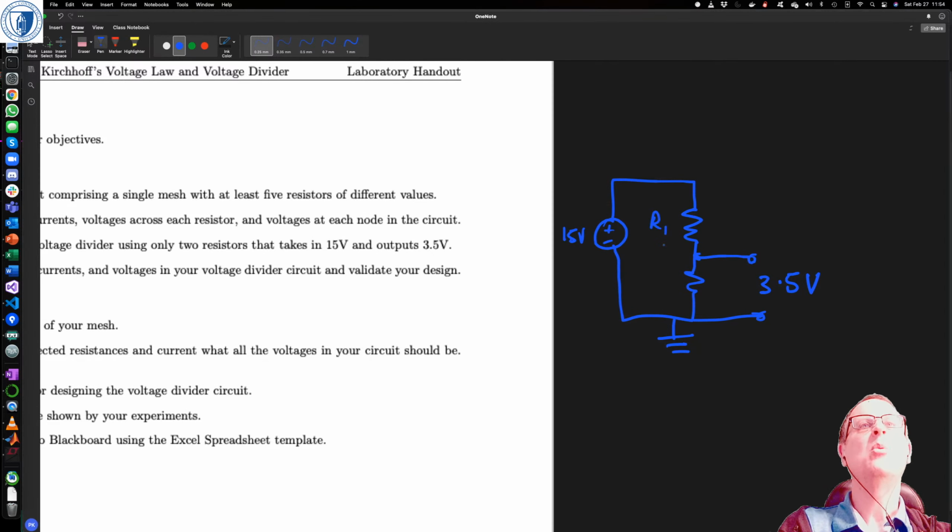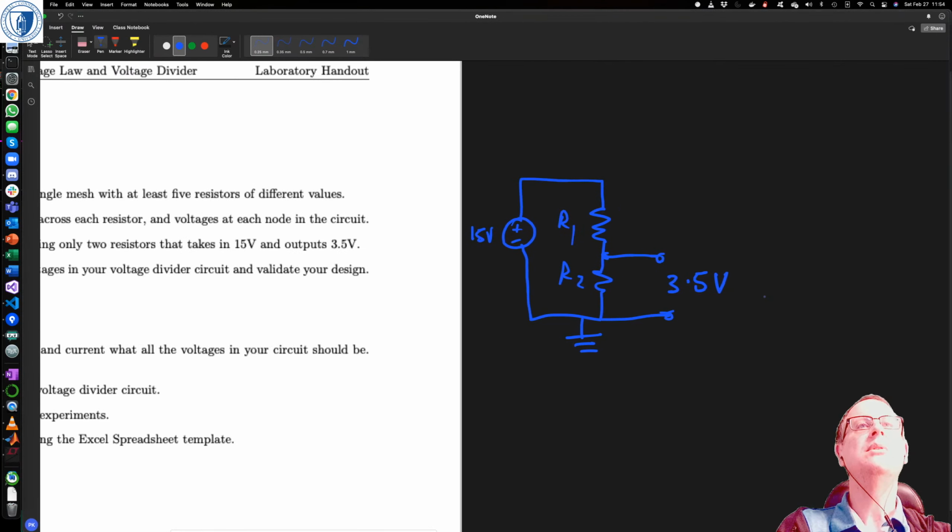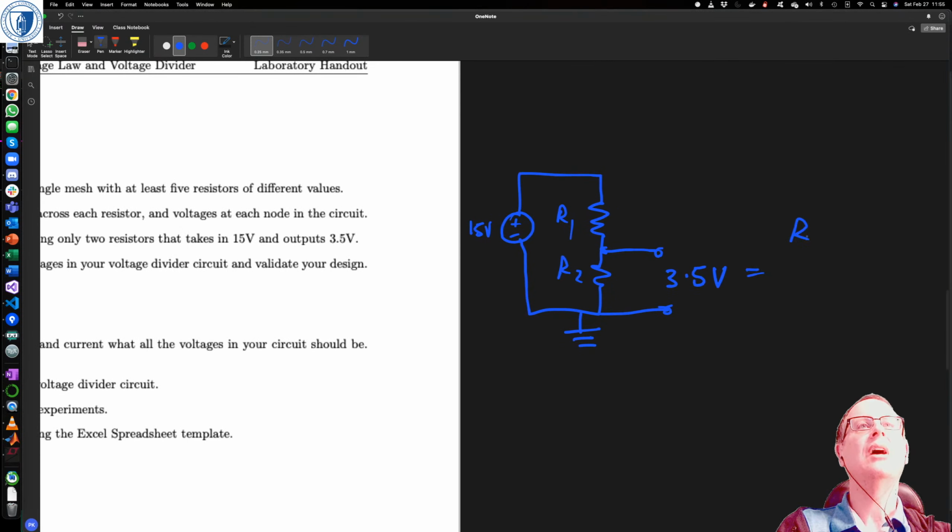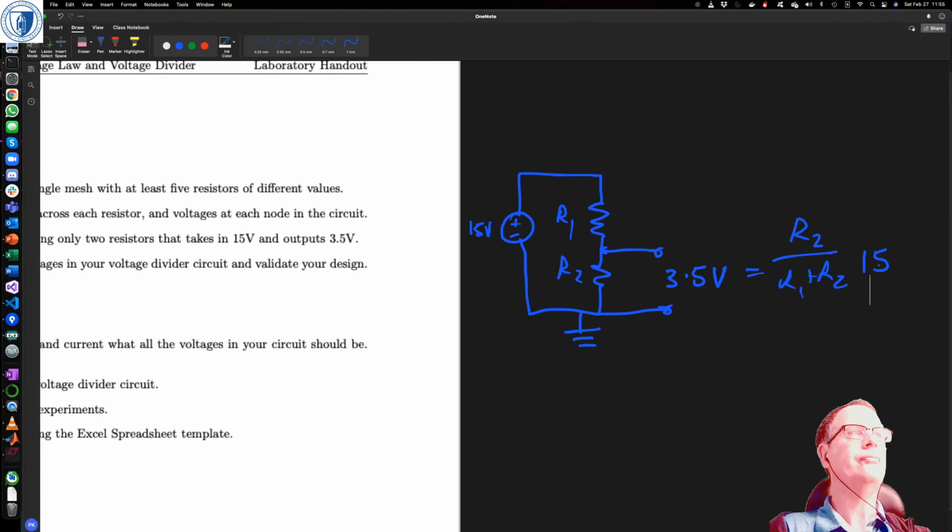And if that one's R1 and that one's R2, we know that 3.5 equals R2 divided by R1 plus R2, times 15. And then the trick is to choose one of the resistors randomly, R2 maybe, and that'll give you an equation that you can solve to figure out what the other resistor is. So if R2 is 1000, that'll just leave R1 as the unknown, and you can solve the equation that way.